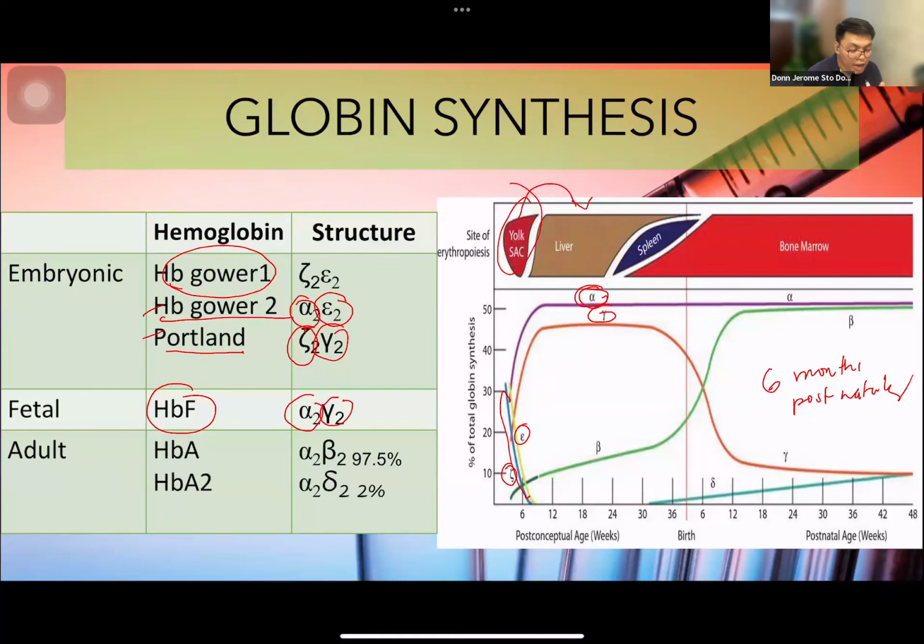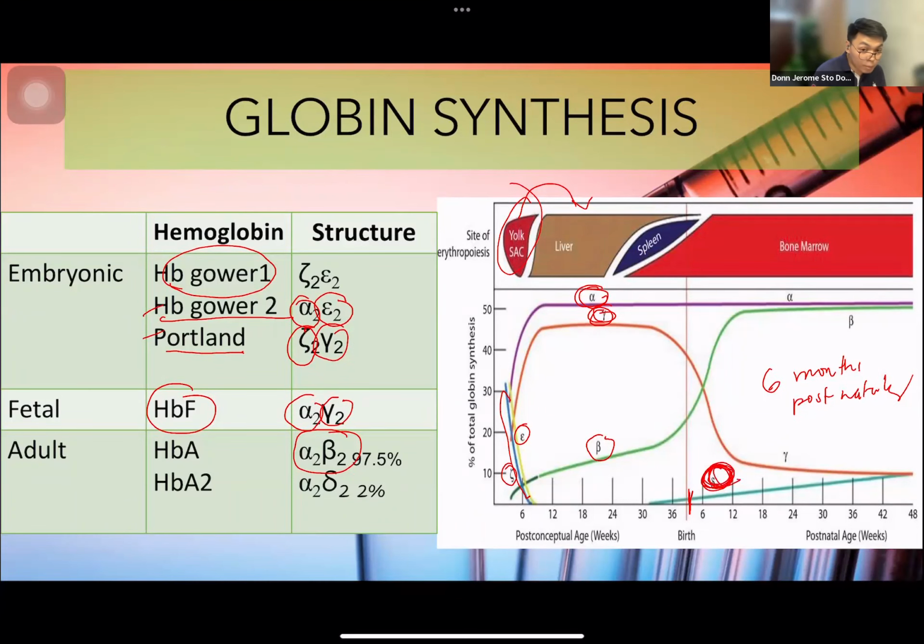As you see here, right before birth, there is a transition between the formation of beta and gamma chains so that we now begin to synthesize the adult type of hemoglobin, your hemoglobin A, which is made up of alpha and beta chain. And just before birth, as you see here, you can now produce the delta chain from the beta globin gene family.